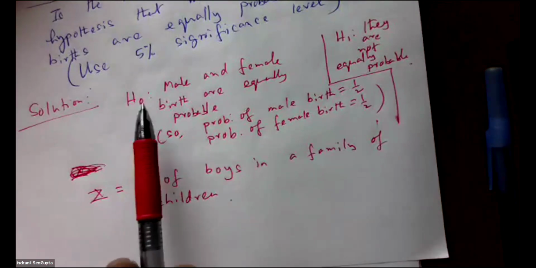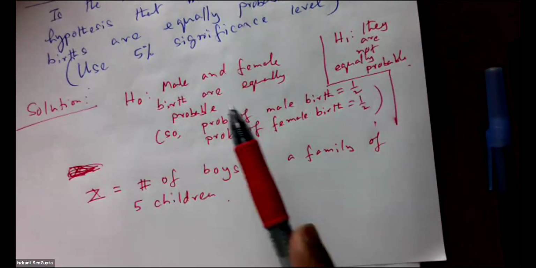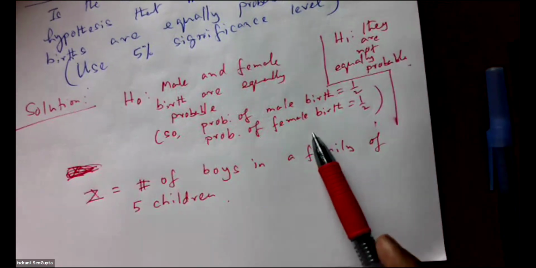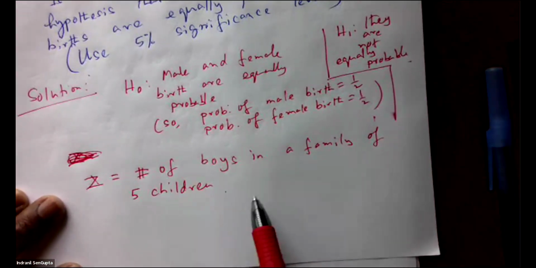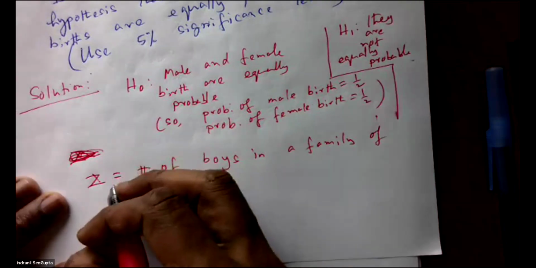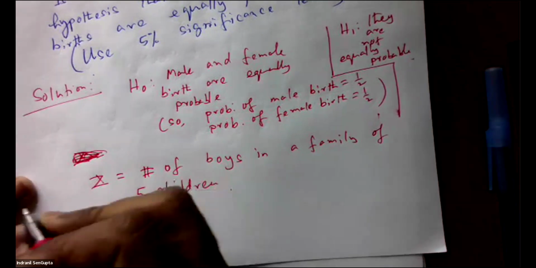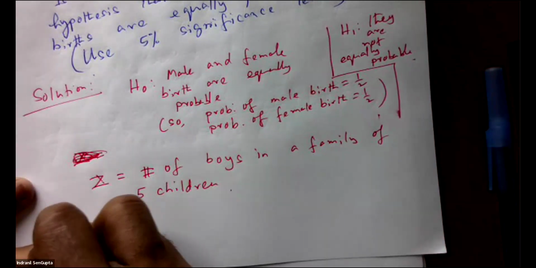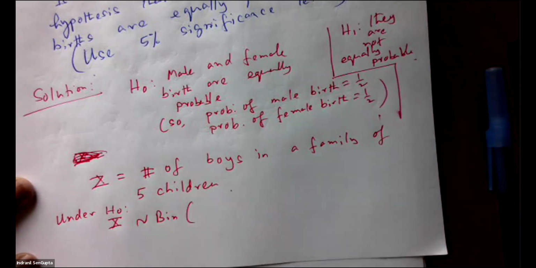Suppose we are just considering the null hypothesis, where male birth and female birth are equally probable, and X is the number of boys in a family of 5 children. So X definitely follows, under H0, a binomial distribution.